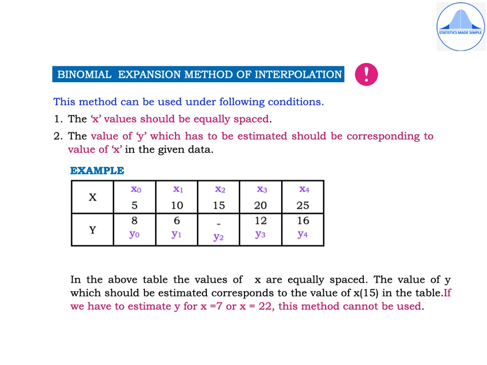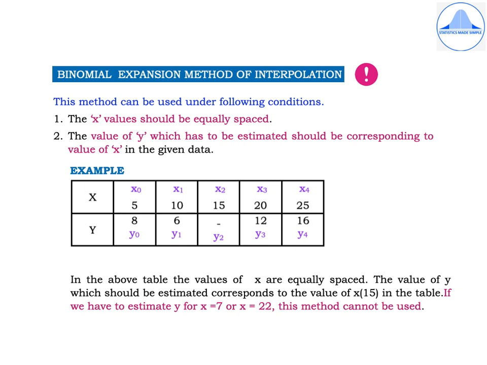Let us take the example of x taking the values 5, 10, 15, 20, 25. So the x values are marked as x0, x1, x2, x3 and x4. And the y values are 8, 6, then we have the missing value which is denoted by a blank, 12 and 16. And the y values are denoted by y0, y1, y2, y3 and y4.